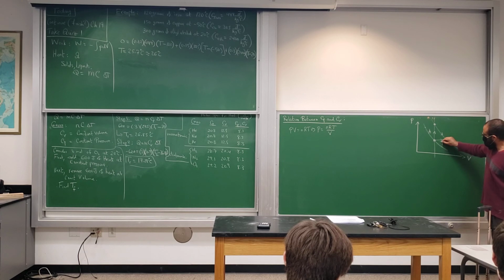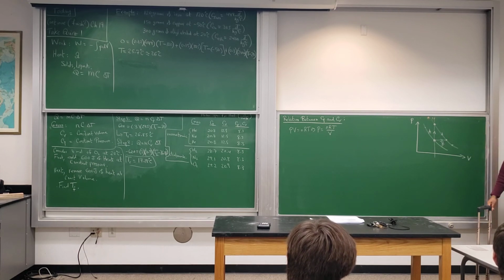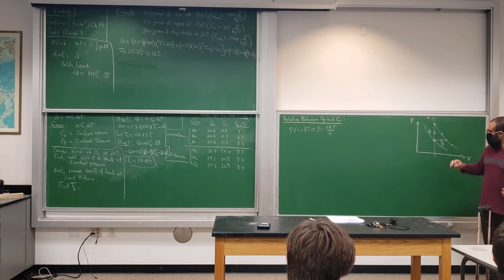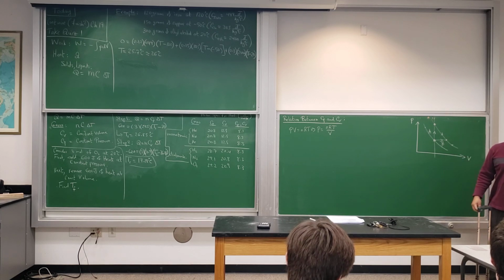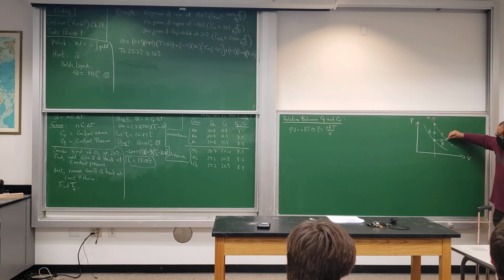So what's the same between process A and B? The starting point is the same. How about the final point? They have the same temperature, right? We said this is an isotherm. So as long as I hit this line, they have the same temperature. Okay?